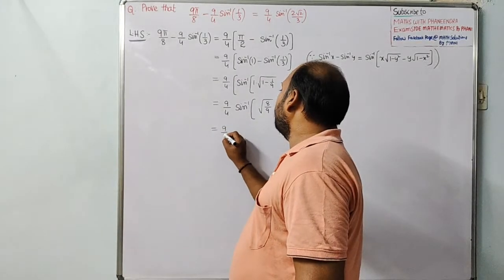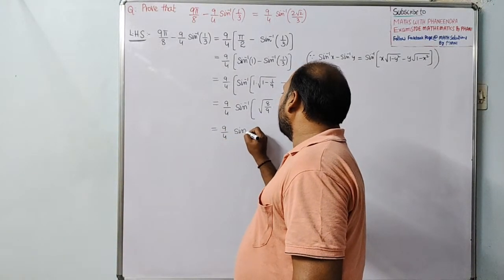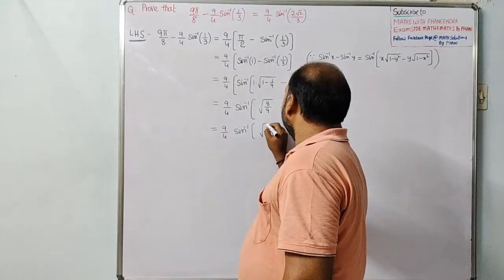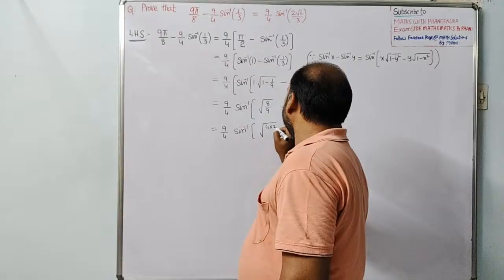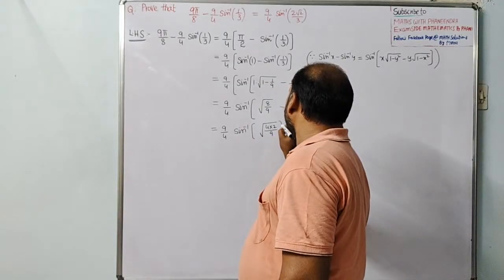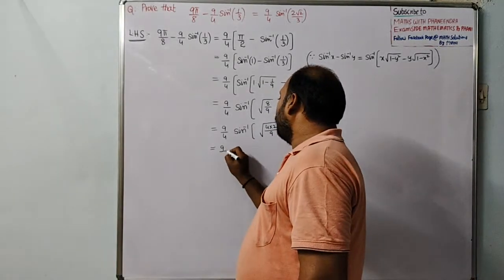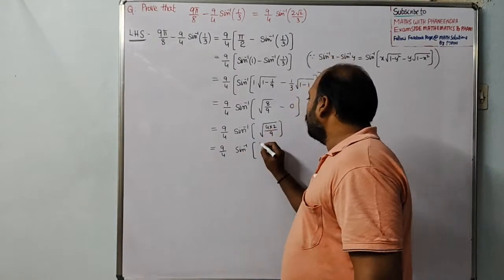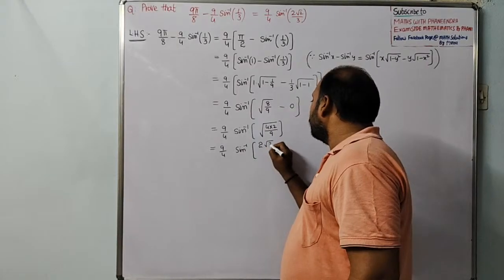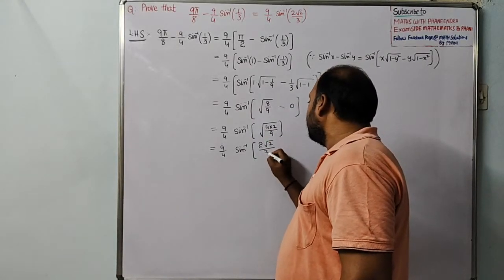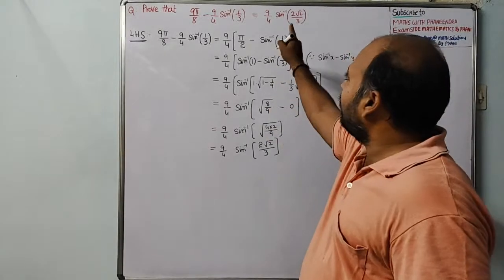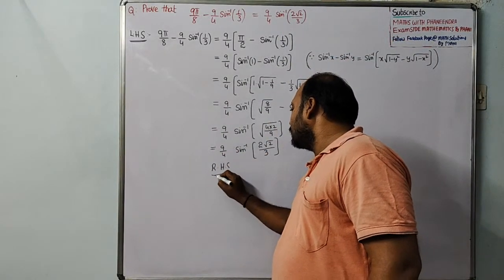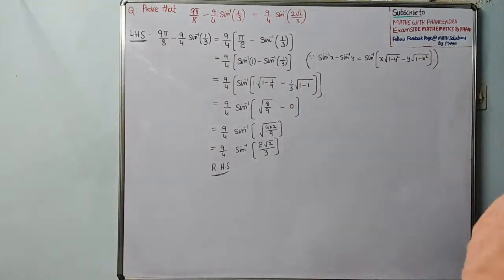So 9 by 4 sine inverse of root over 4 into 2 divided by 9. So 9 by 4 sine inverse of 4 brought outside, 2 comes as it is, root 2 by 9, 9 brought outside means 3. So this is the required RHS or not? So we got the answer, yes students. It is the required RHS. I hope you understand.